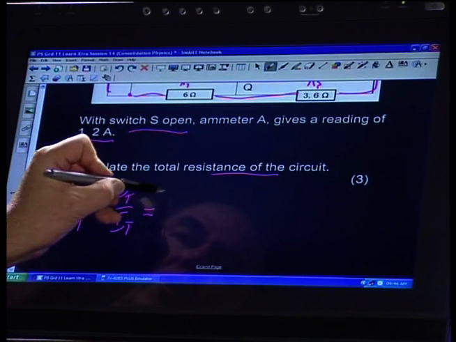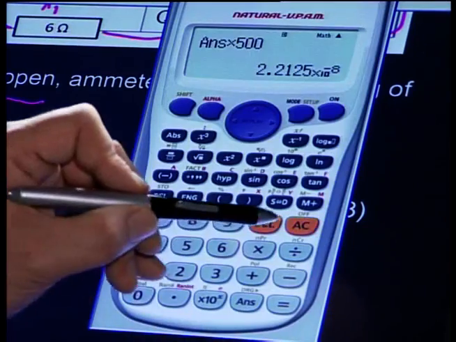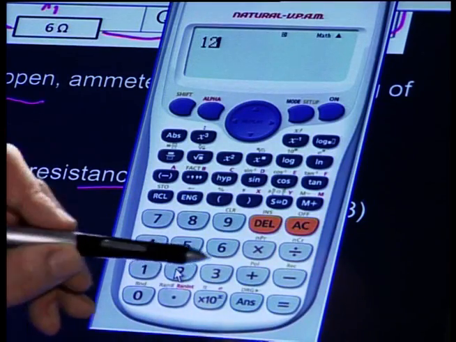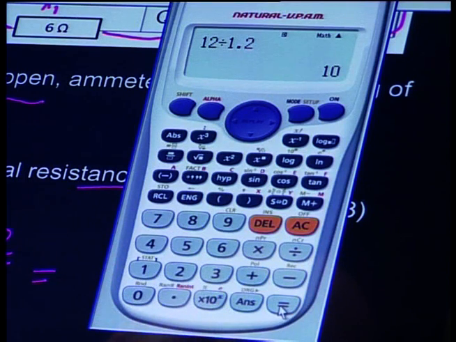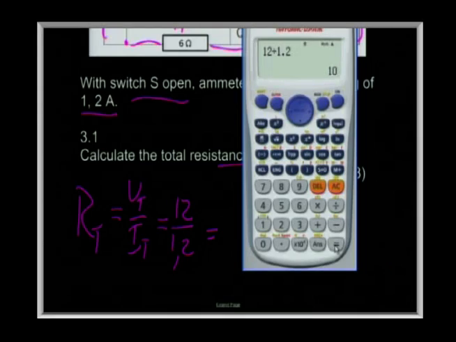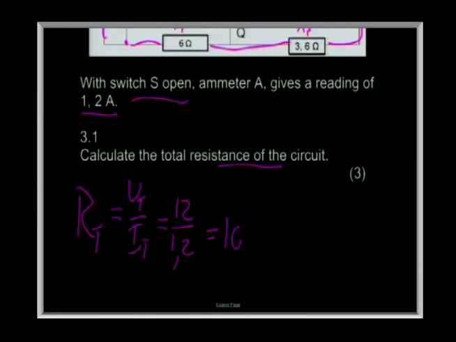We know that that's 12 volts, and we know that the current was 1,2 amps. If you do that, you don't even really need a calculator, but just in case, let's do it. And you're going to get an answer of 10. So let's write that down, and remember the units. We've got 10 ohms. So that's the total resistance, and we've done it by using Ohm's law.